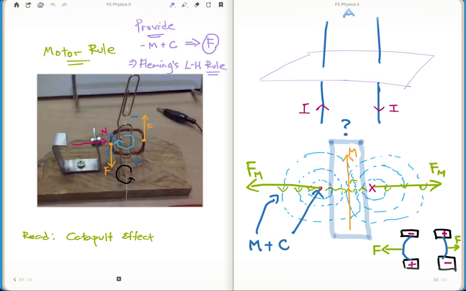In your reference text, the setup of the motor rules is different from here. I will talk about that in the next video.